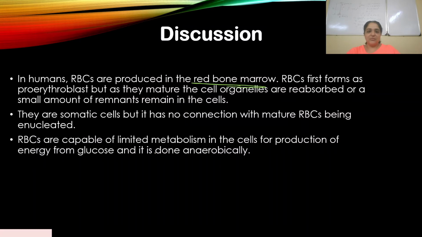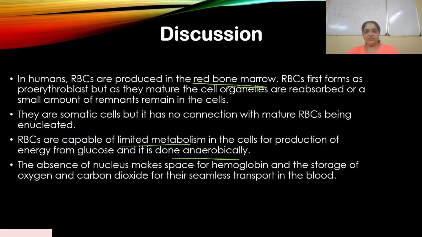Again, they are capable of limited metabolism, that is done anaerobically. I've explained that to you. Now, the absence of nucleus makes space for hemoglobin and the storage of O2 and CO2 for their seamless transport in the blood, majorly O2. Alright, so I think I've answered this question. We'll move on to the next question.